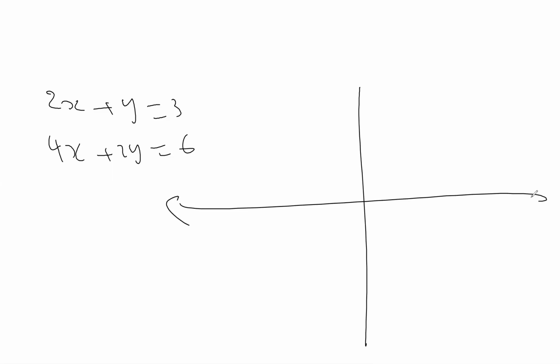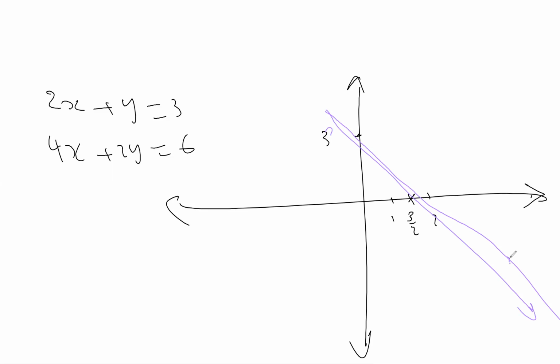Let me represent the two equations. The x-intercept is 3 over 2, between 1 and 2, and the y-intercept is 3. And graph the first line. This is the first line. Let me represent the second one. The x-intercept is also 3 over 2 and the y-intercept is 6 over 2, which is the same point, 3.